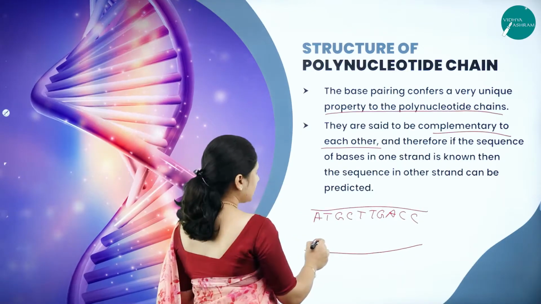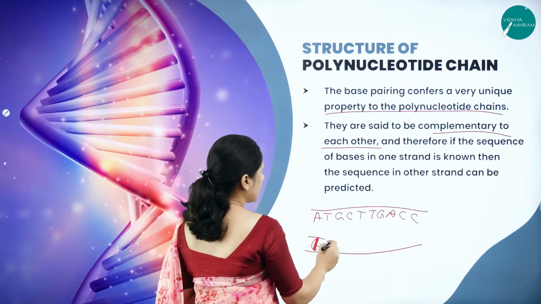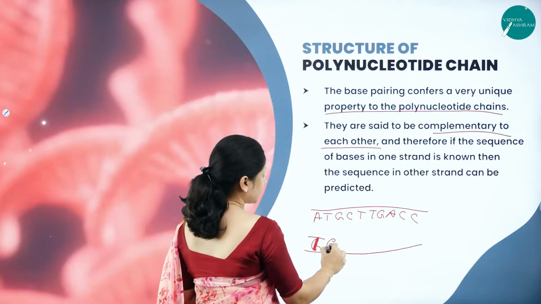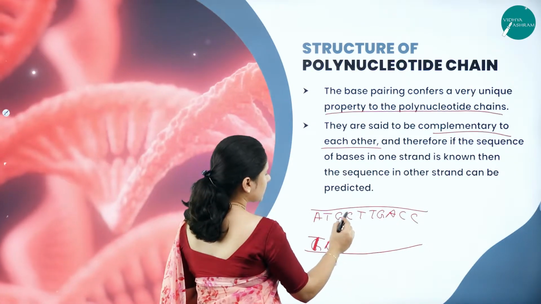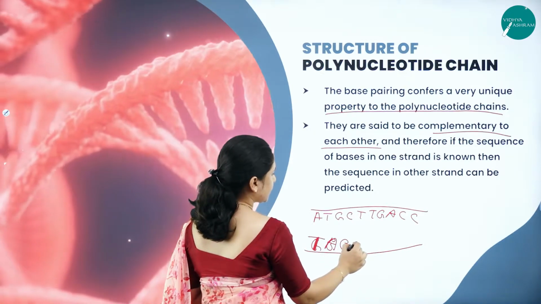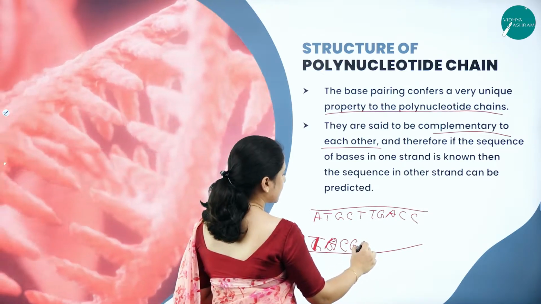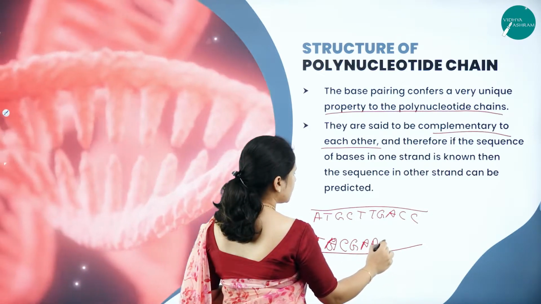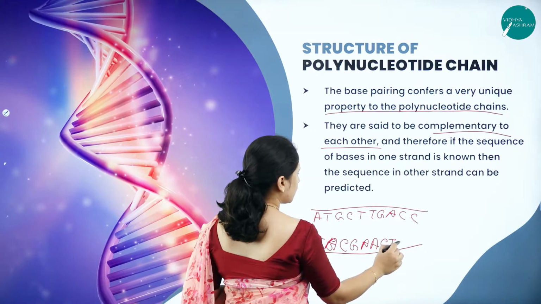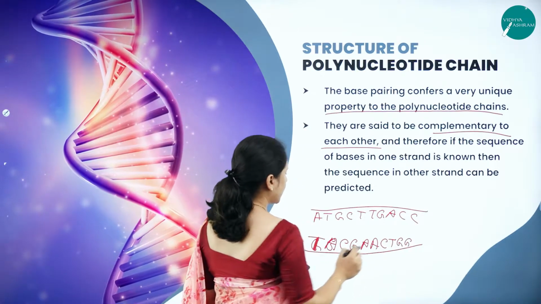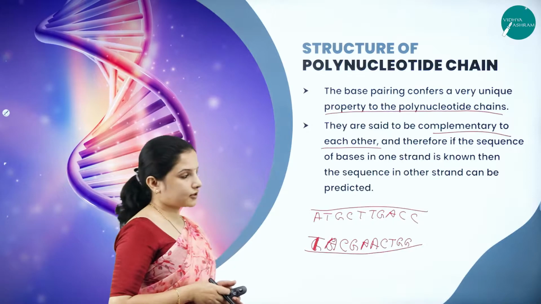Why? Because adenine pairs with thymine and thymine pairs with adenine, guanine with cytosine, cytosine with guanine. So here thymine, adenine, again adenine, then here cytosine, thymine, guanine, guanine. I could predict, right? So that is what they said.